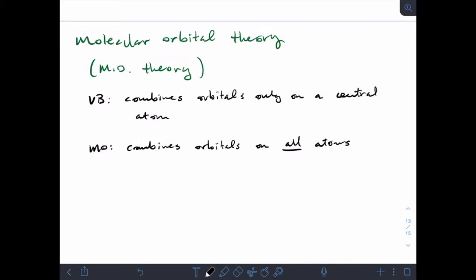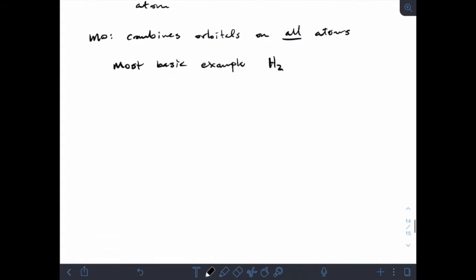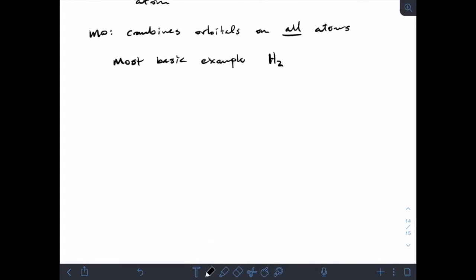All right, but let's talk about our most basic example, our simplest example, which is dihydrogen. Okay, so the idea with molecular orbital theory is that I'm going to look at the orbitals that each of the hydrogen atoms has.